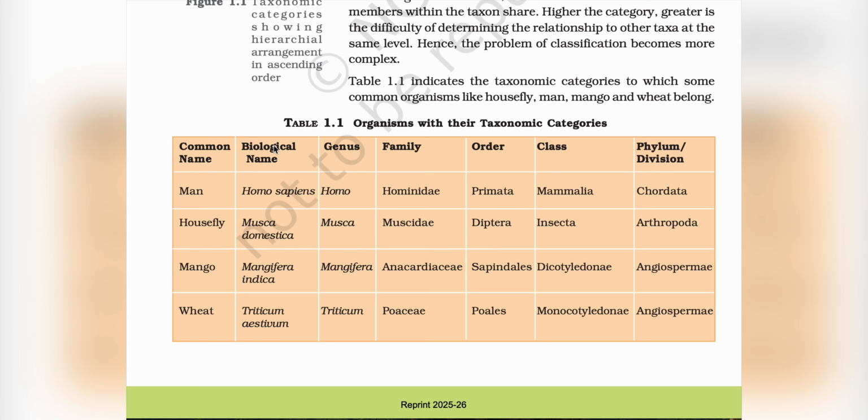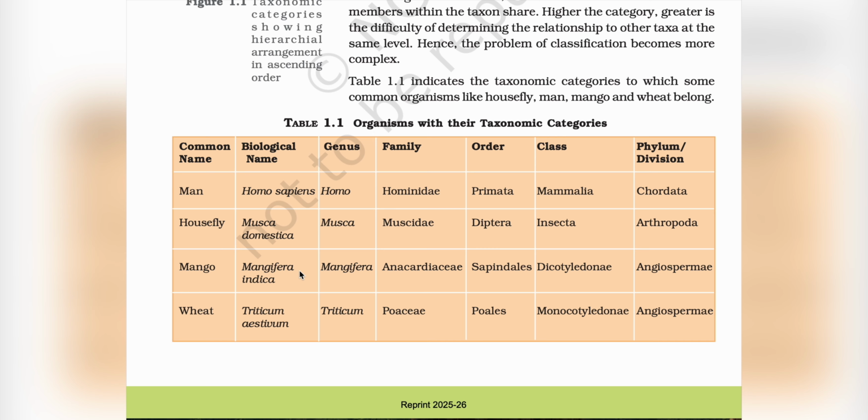Let's see the table. The scientific name of man is Homo sapiens and the genus is Homo, family is Hominidae, order Primata, class Mammalia and phylum is Chordata. Housefly, Musca domestica, has genus Musca, family Muscidae, order Diptera, class Insecta and phylum Arthropoda.